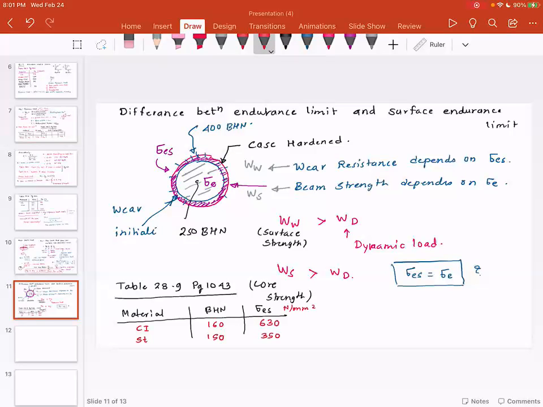And what I want you to do is make a mental note. Sigma ES comes from table 28.9, and sigma E comes from table 28.8.